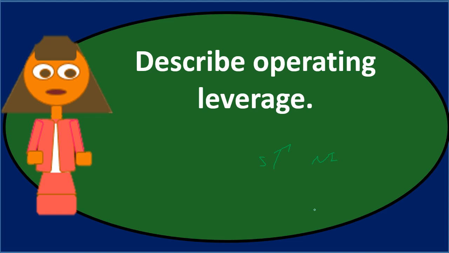So if you increase the sales from one person to 100 people, that's a substantial increase in sales. The fixed costs don't go up a lot, because it's not like I have to provide another movie theater for all these different people. And therefore there's going to be a substantial difference in the net income, because a lot of our costs are fixed costs.